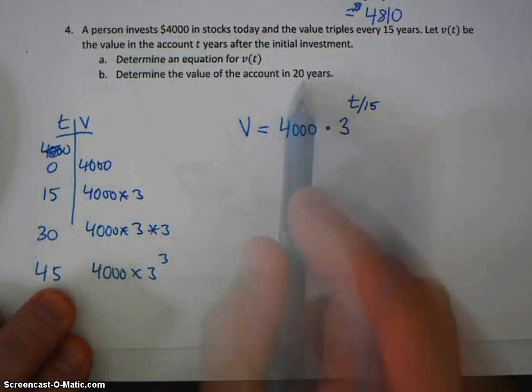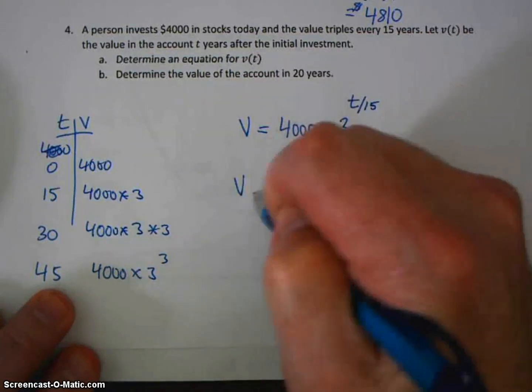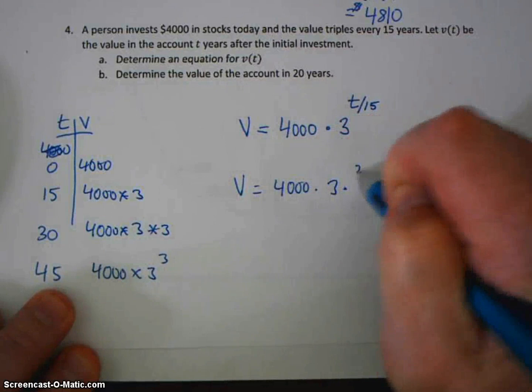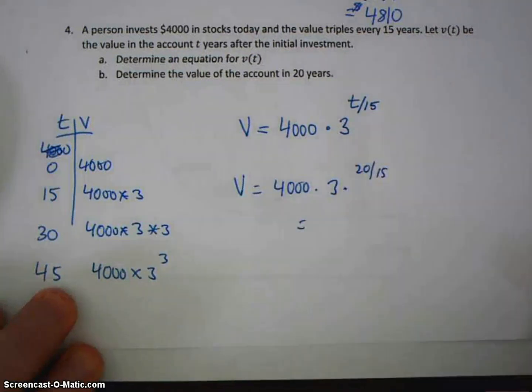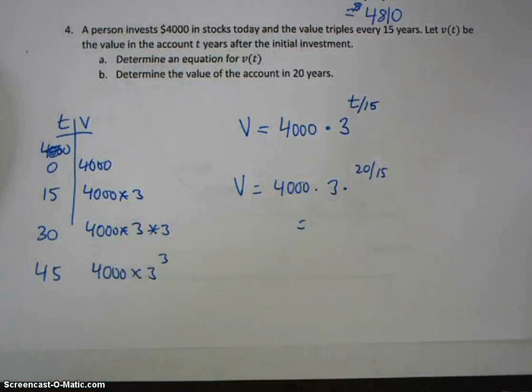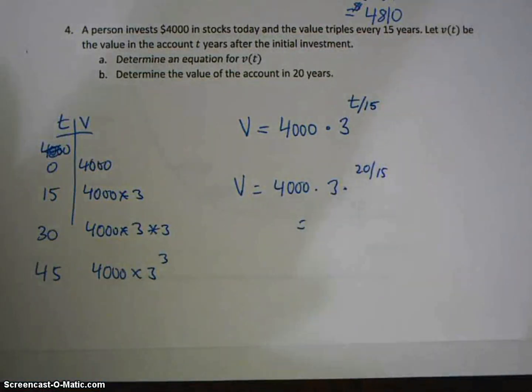Determine the value in the account after 20 years. Well, I plug in 20. And I grab my calculator. That's an exponent there, not a multiply. It looks like multiply, but it's not. 4,000 times 3 raised to the 20 over 15.